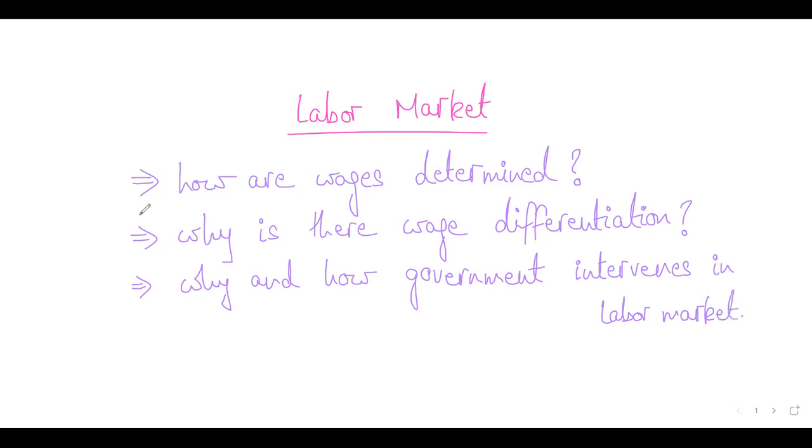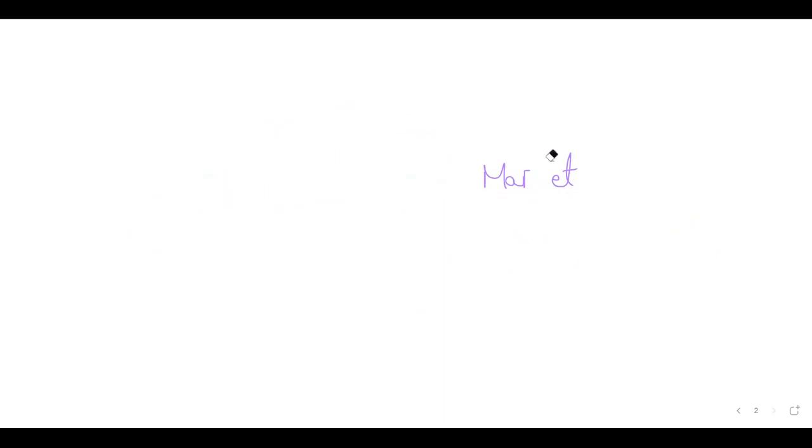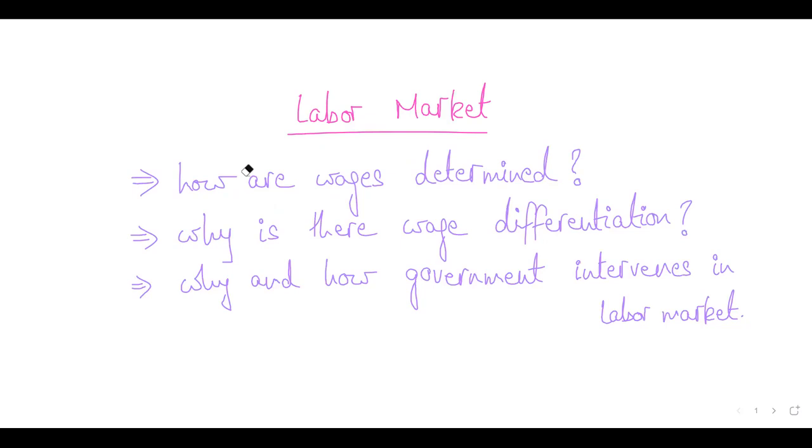The first question: how are wages determined? The first thing you need to know is that, just like any other market, you have labor demand and labor supply. Just like in a product market, where the price of a product is set through the market forces of demand and supply, similarly in the labor market, wages will be determined through market demand and market supply. So we are about to discuss wage determination.